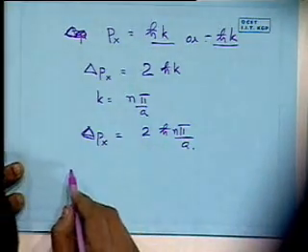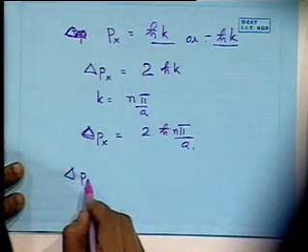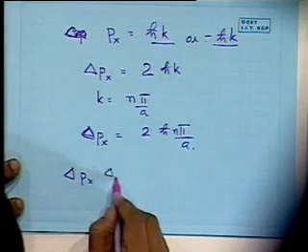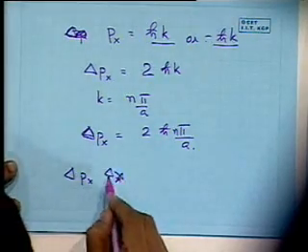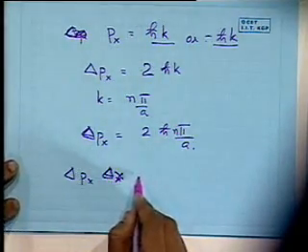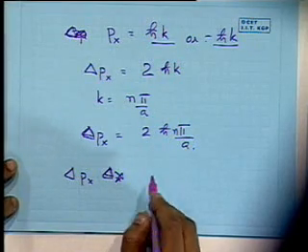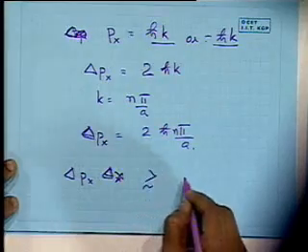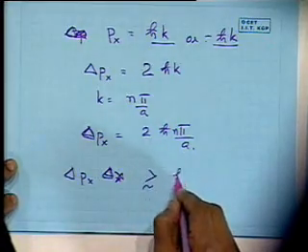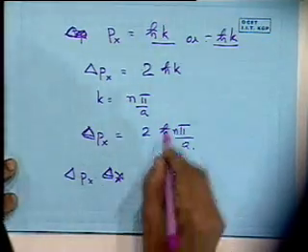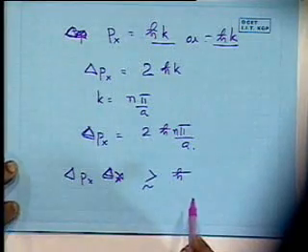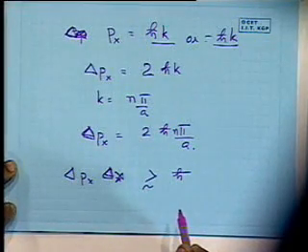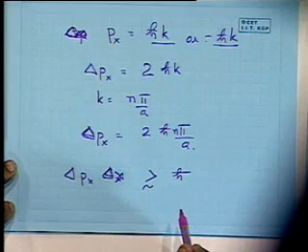And then you can combine these two, delta px times delta x, which is often the form in which Heisenberg's uncertainty principle is expressed. It's going to be greater than h bar when you multiply those two together. It will always be greater than h bar.